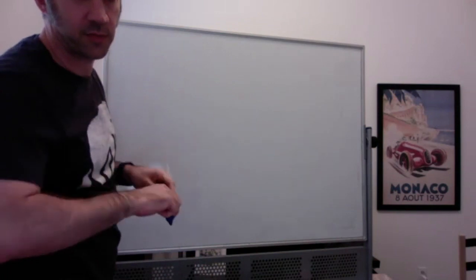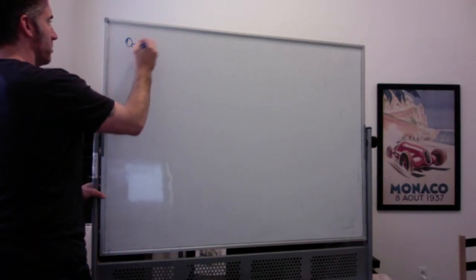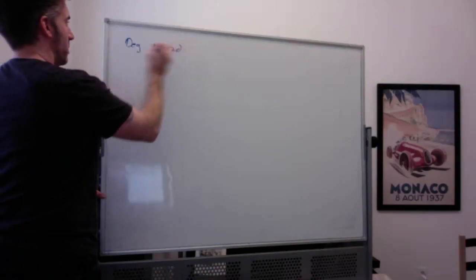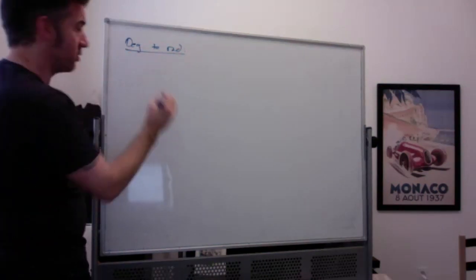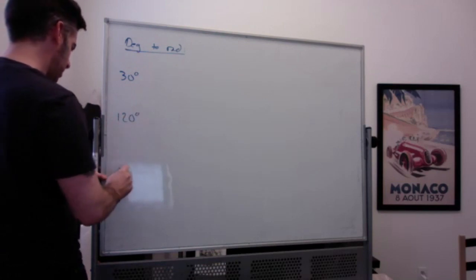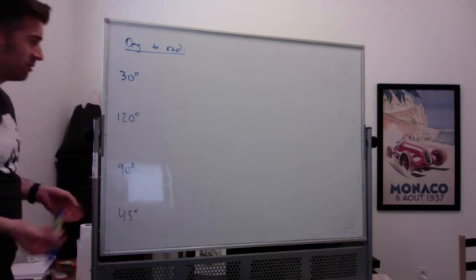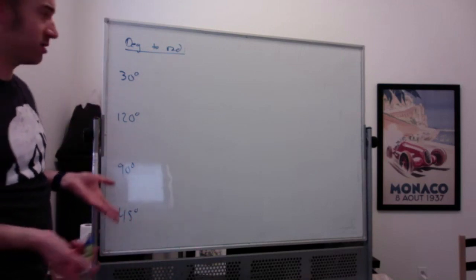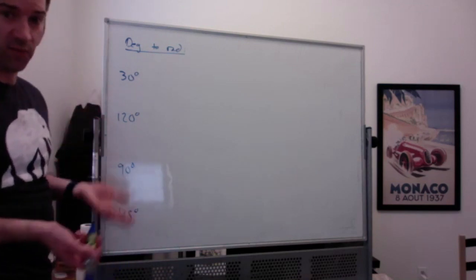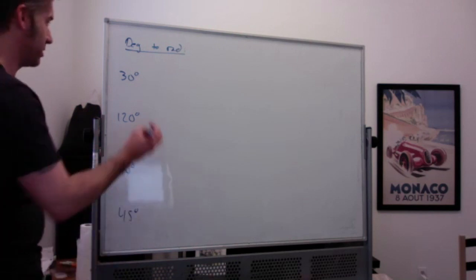So we can convert the following from degrees to radians. Let's do a few. Let's do 30 degrees, 120 degrees, 90 degrees, 45 degrees. So for each of these measures in degrees, we're just going to multiply by pi over 180. I should say pi over 180 degrees to get to radians.